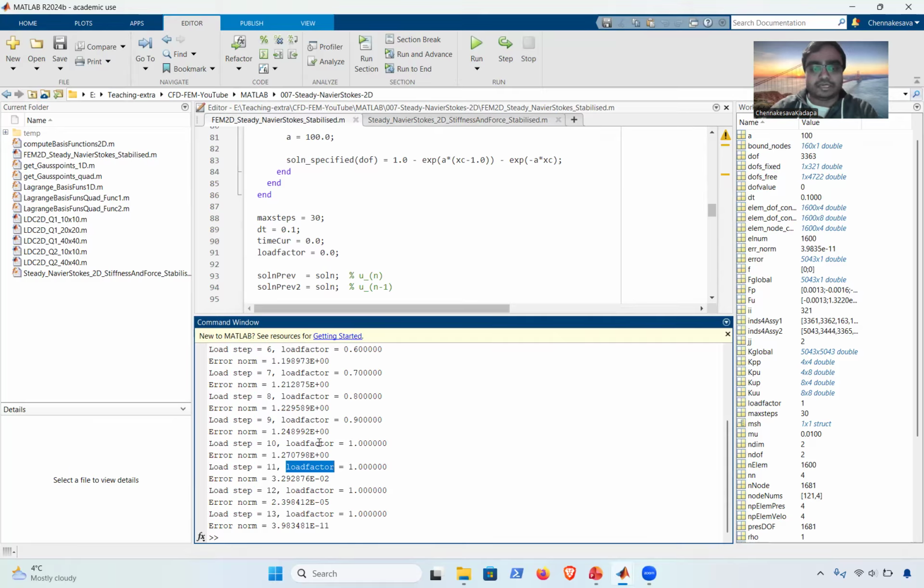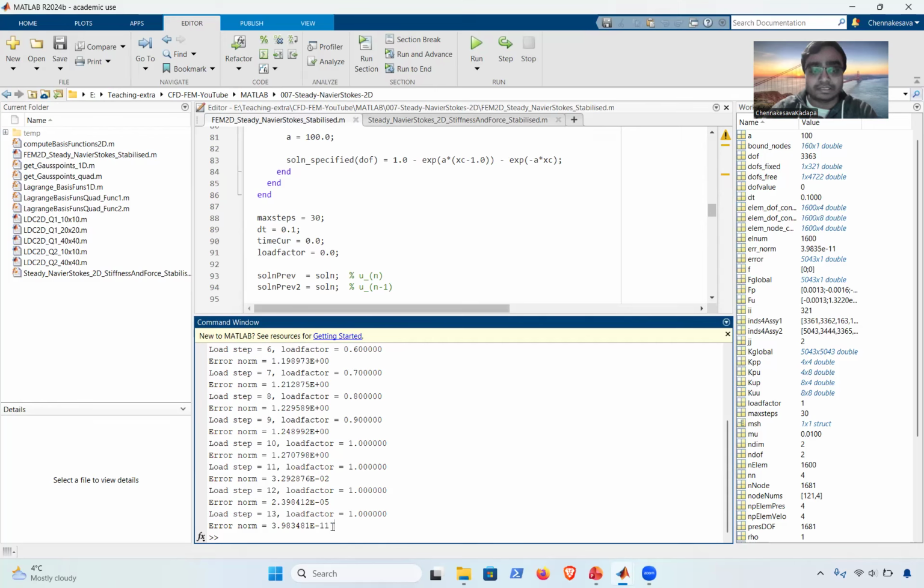We don't expect convergence until 10, but after 10, this is the error norm at load step 11, and this is at load step 12. The error norm has reduced substantially, almost by 3 orders of magnitude, from 10 power -2 to 10 power -5. And at load step 13, the error norm is 10 power -11.